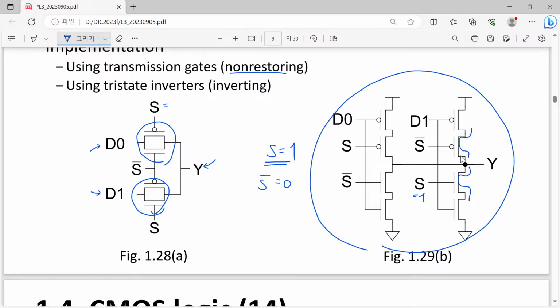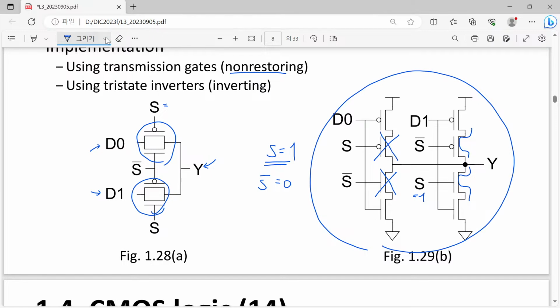Now here we have S bar equal to 0. So this MOSFET is turned off, and this S is 1, so the P MOSFET is driven as logical value 1, so this P MOSFET is also off.